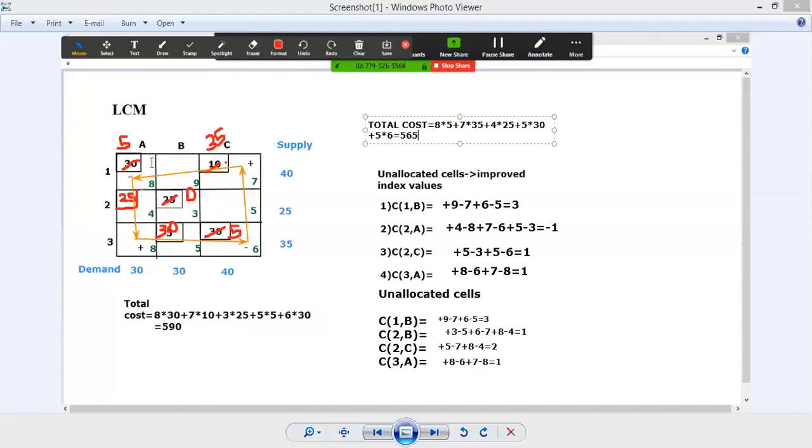When we verified whether this solution is optimal or not, we came to know that this is the better solution, that is 565, which indicates that the transportation cost can be reduced further. Earlier it was 590, now it is 565. This is the optimum cost. The same cost has been obtained even by using the Vogel approximation method.